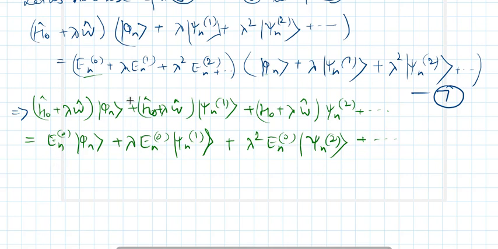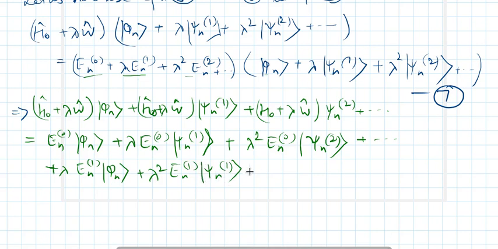Then the next term gets multiplied with it, so it is lambda En1 phi n plus lambda square En1 psi n1 plus lambda cube En1 psi n2 and so on.